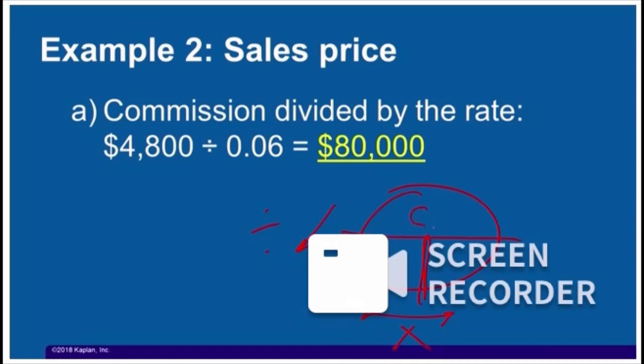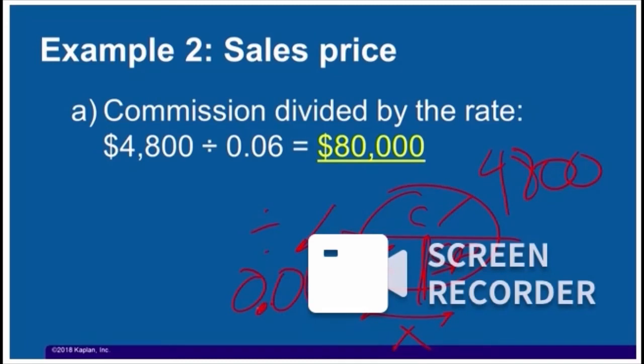So there's my commission. We know that to calculate that commission, we have to take the commission rate times the selling price. We don't know what the selling price is in this math example, but we do know we were paid $4,800. And we do know the commission rate was 6%. And that can be written as 0.06.